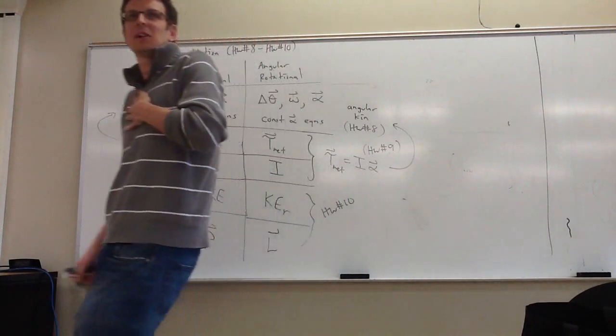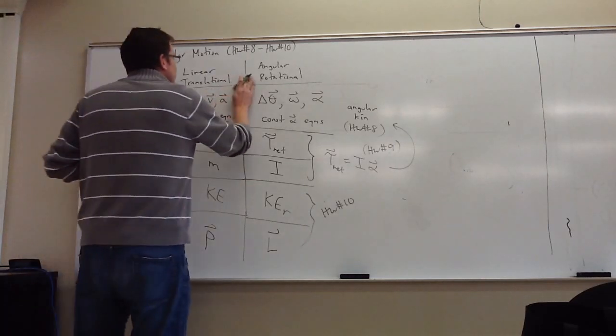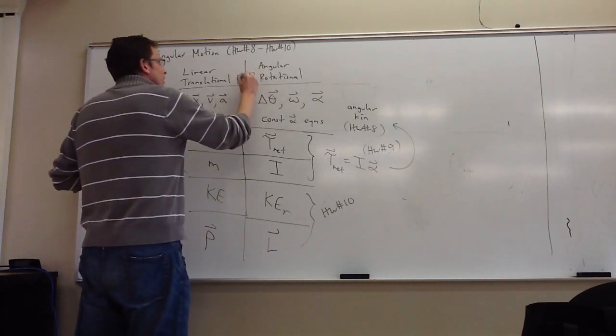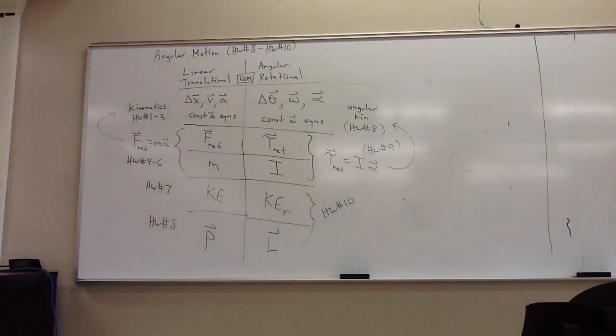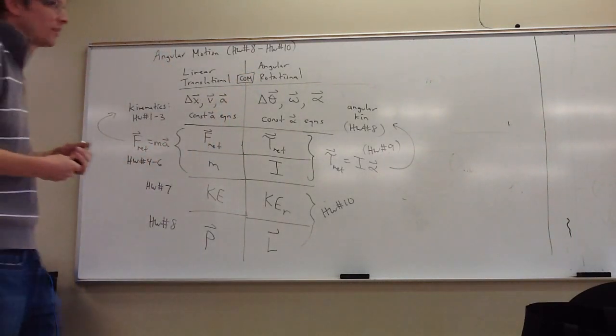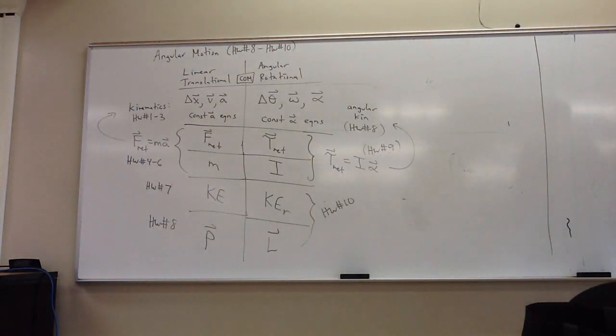What was the next thing we talked about after momentum? This is going back to last lecture. Center of mass. I'm going to put that right here. Center of mass is kind of like what bridges the gap. And the reason I say that is because the center of mass is the ambassador for all of the old stuff, right?